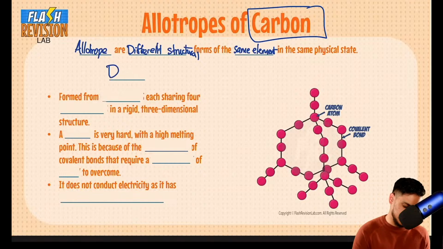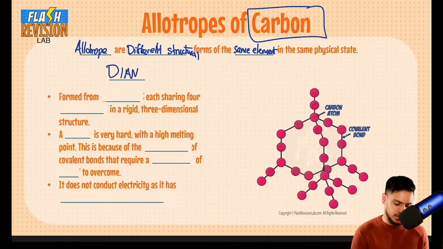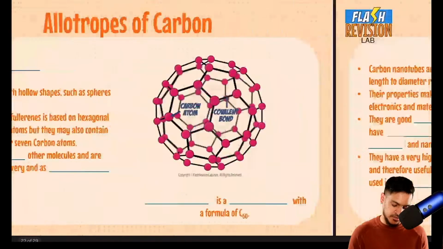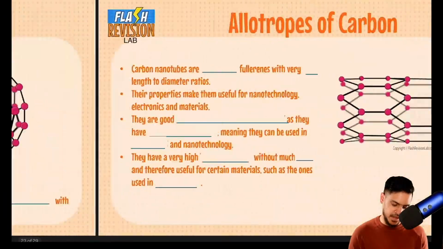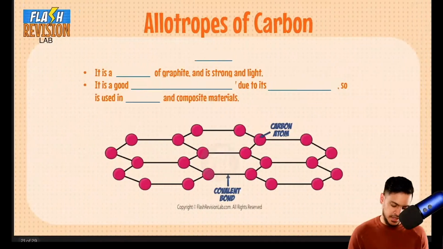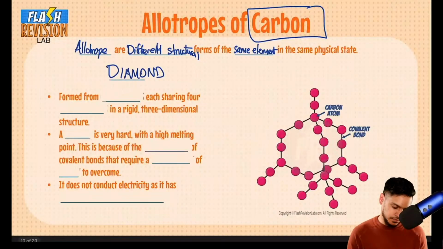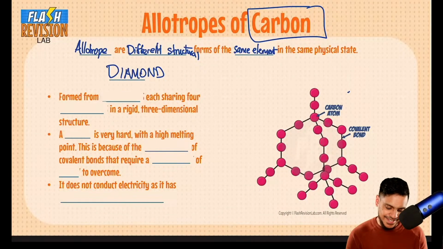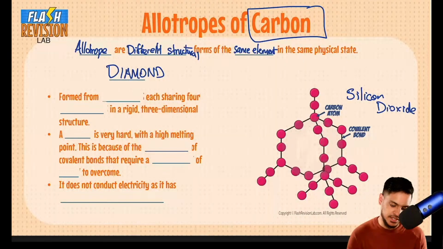This one here is diamond. You need to be able to recognize these. We've got five different ones that you need to know about. What do you need to know about diamond? Do you recognize that this is similar to silicon dioxide, the one I showed you earlier? They both have the same tetrahedral shape.